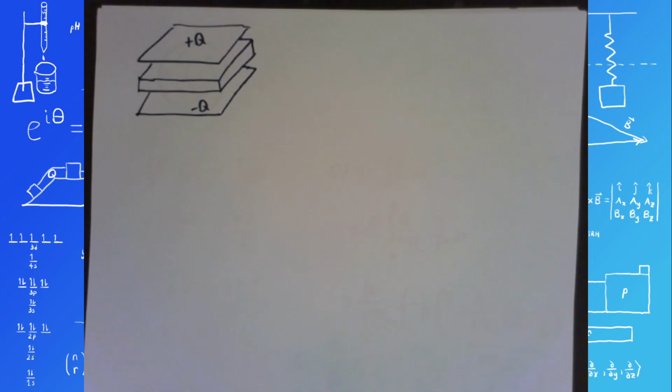What effect does this have on the capacitance, if any? What effect would this have on the capacitance? So essentially, the only effect it would have is it would be the equivalent of shrinking the distance between the two capacitor plates.